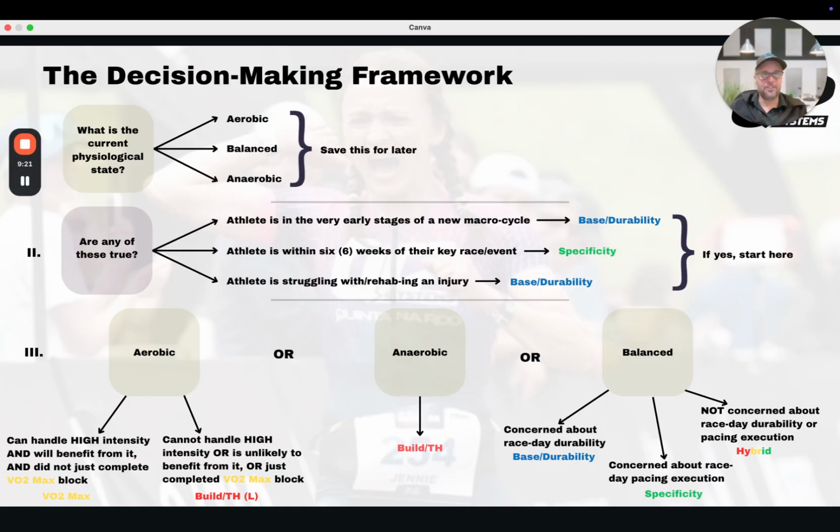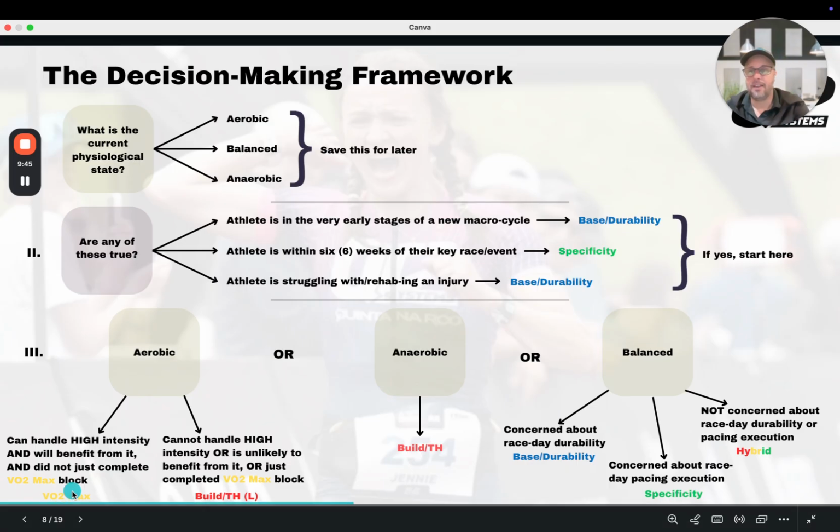So if the answer to that is yes, and we believe that they will benefit from that high intensity. There are some athletes whose physiology is so squeezed out that no matter how much high intensity you throw at them, it's just going to bounce off of them. So, can they handle it? Will they benefit from it? And making sure they didn't just complete a VO2 max block. We never do two in a row. If all of those things are true, then we consider a VO2 max block.